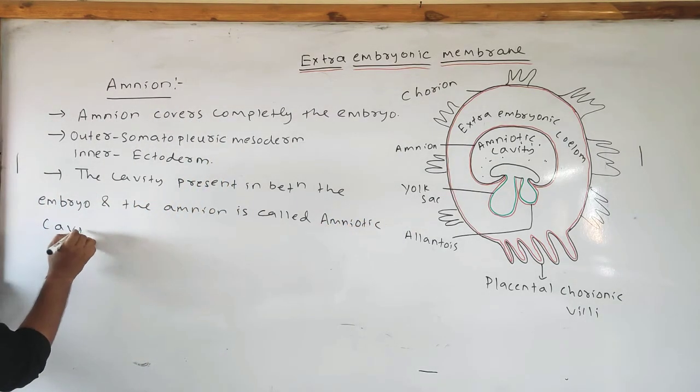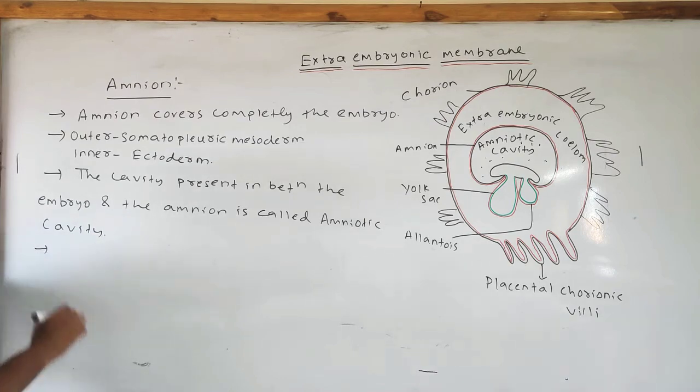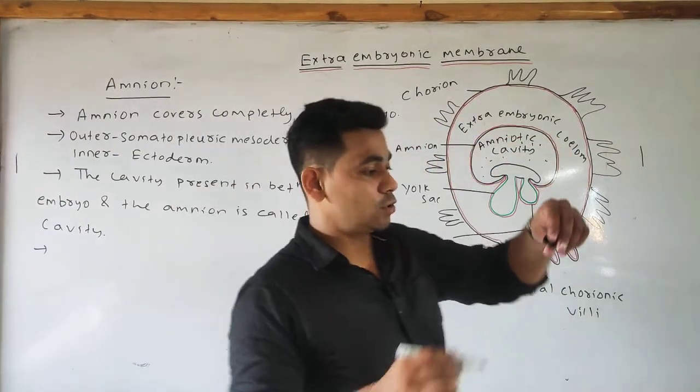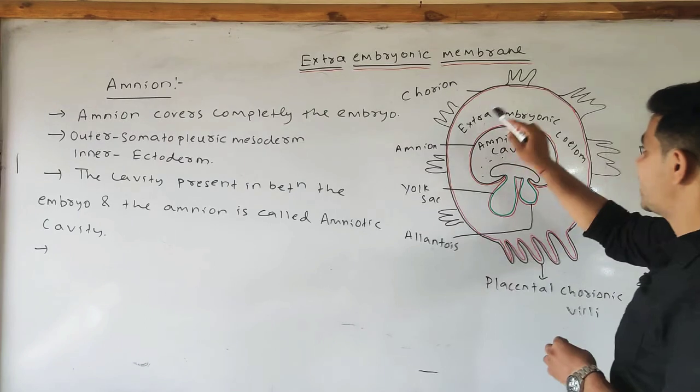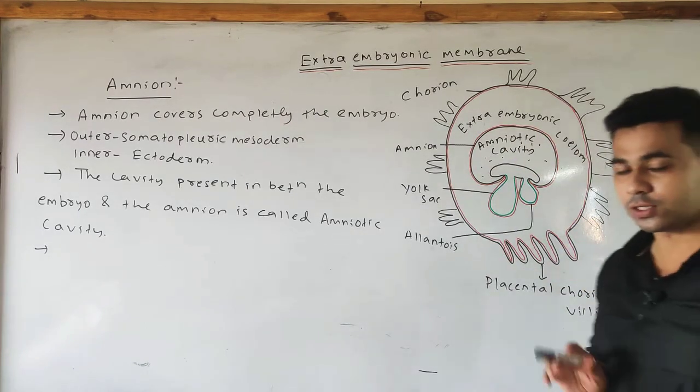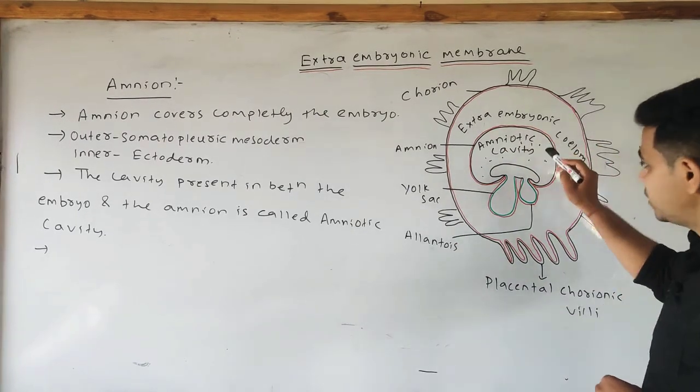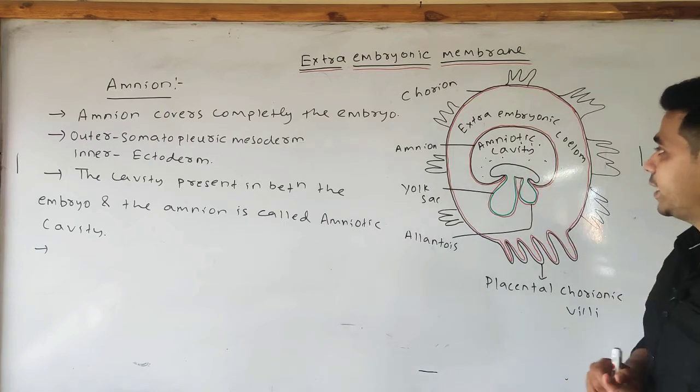Okay. In the case of chorion, the space between the chorion and the amnion is called your extra embryonic coelom, but the space or the cavity between the amnion and the embryo is called your amniotic cavity.